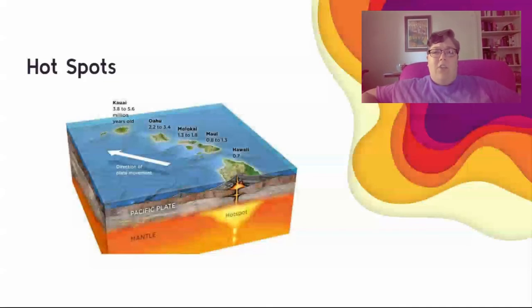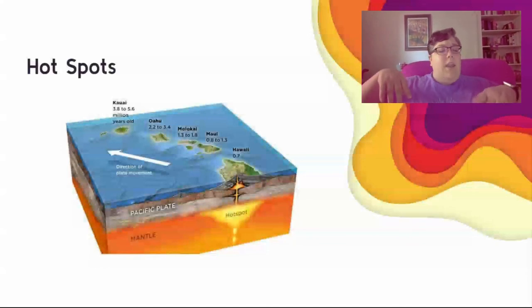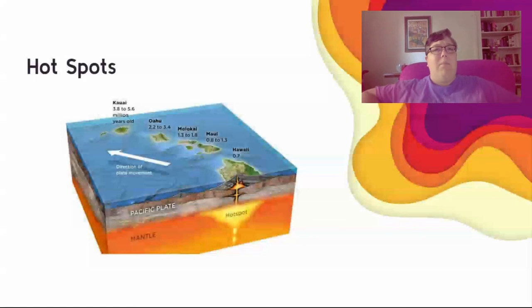Well, the mantle is not perfectly uniform. There are areas within the mantle that are warmer than other areas. We call these hotspots. And the land above a hotspot will tend to melt the rock that's up above it, just because it's so much hotter there than the typical temperature of the mantle.